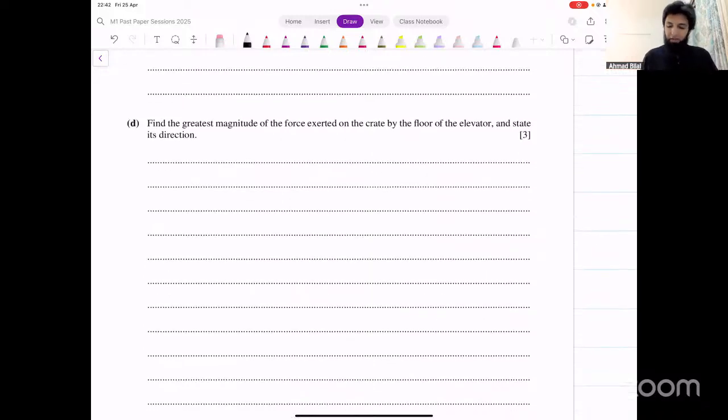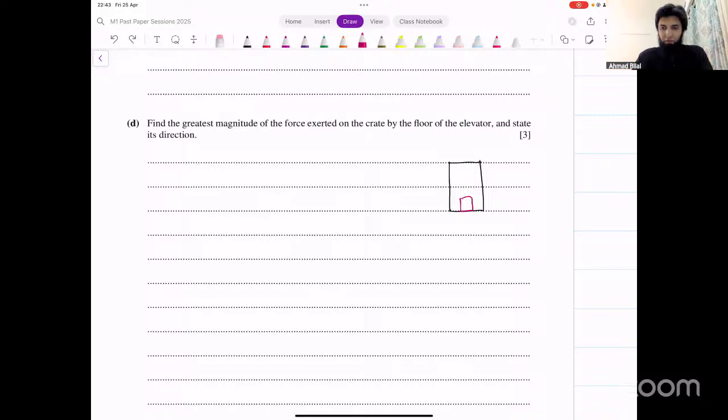Okay, now again, think about this. We've got this elevator. There is a mass inside the elevator. Now, we're talking about the crate. So now we have to think from the perspective of the crate. What forces do we have acting on the crate?